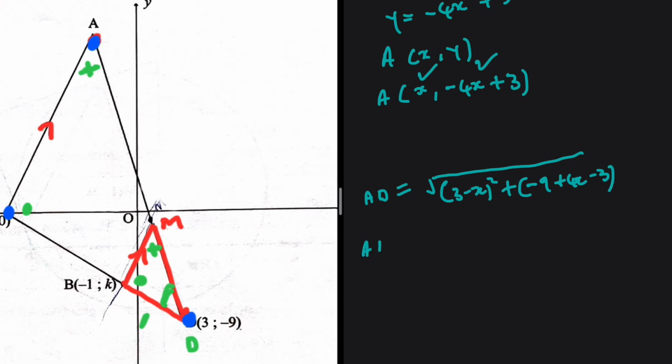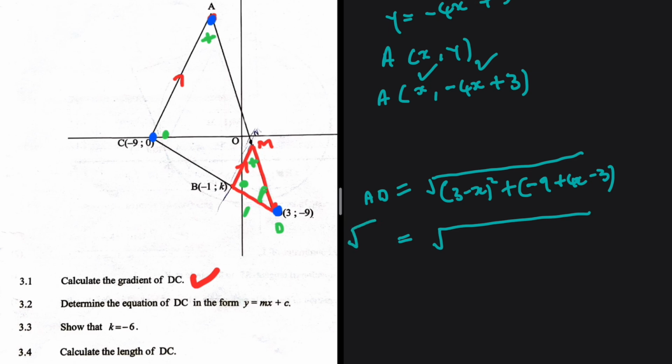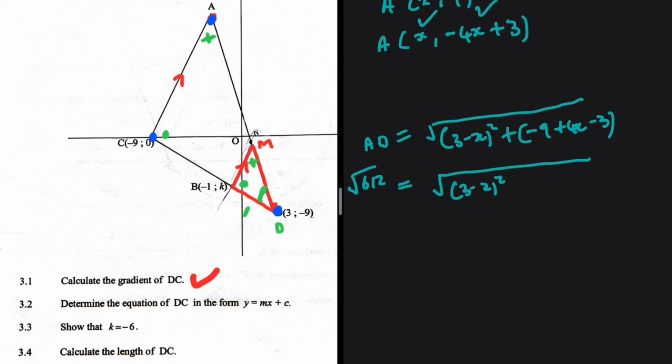So AD is equal to the square root of, let's not forget that AD is the square root of 612. So we have 3 minus x squared, and then here we have plus minus 9 minus 3.